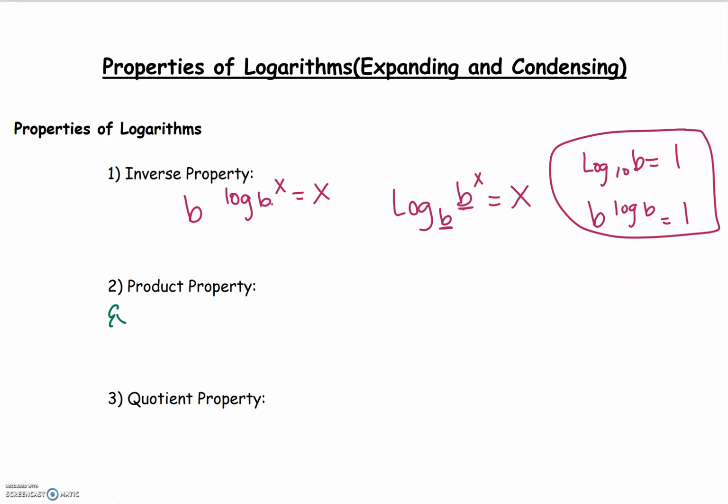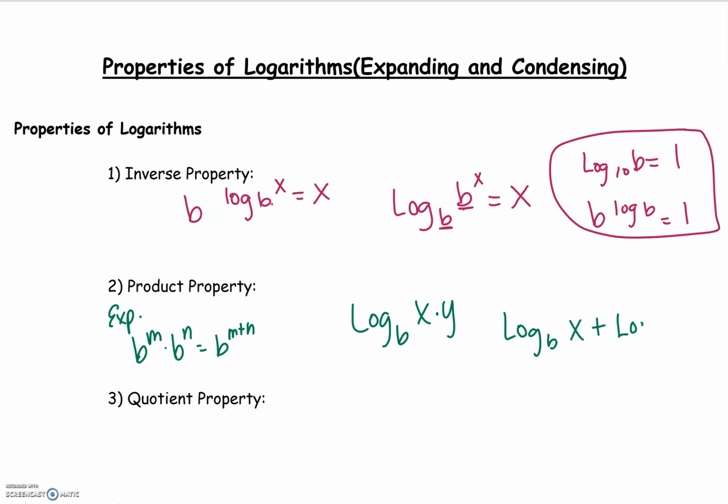And remember, our exponent rule is when we multiply, we really are adding the exponents. So that's the same thing with logs. Log base b of x times y is going to be the same thing as log base b of x plus log base b of y, and we add them when we split them up. So multiplication becomes addition.